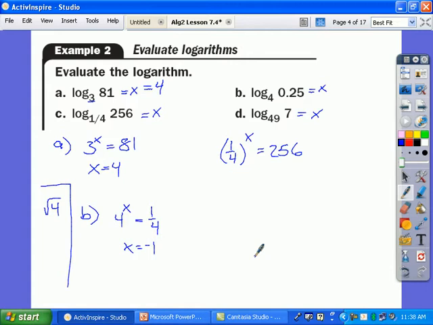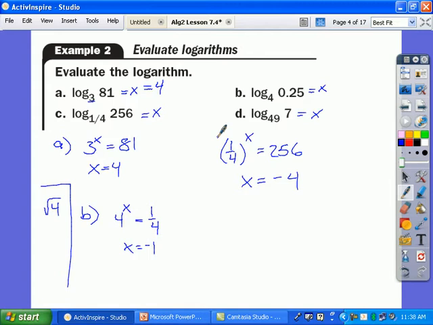That's going to flip this fraction and essentially make it 4 to some power equals 256. So I flip the base by making this a negative exponent, and now the answer is 4. 4 to the 4th power is 256. So 1/4, listen carefully, 1/4 to the negative 4th power: the negative flips the base, and now I get 4 to the 4th power, which is 256. And so that was part C.